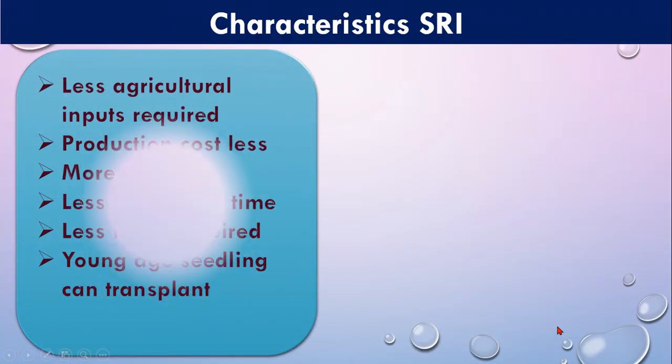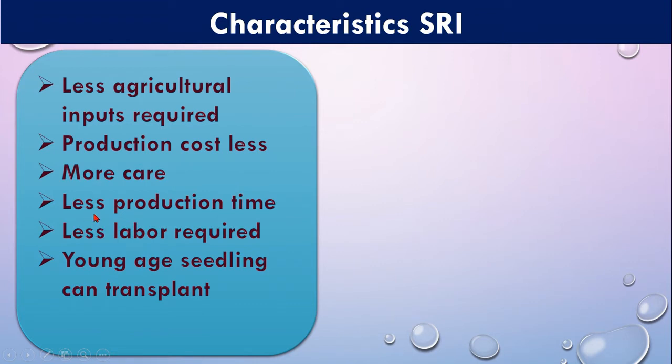So, what are the characteristics of the SRI method? In this method, less agricultural input is required, so production cost will be less as well. More care is achieved here. Less production time and less labor are required. Young age seedlings can be transplanted in this method.